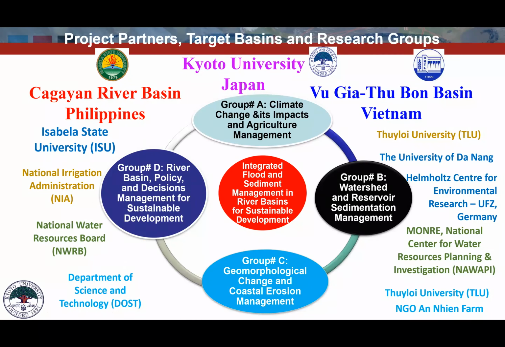Okay, so last part of my presentation, I would like to show some research related to the integrated flood and sediment management in the river basin for our running projects in Philippines and Vietnam.